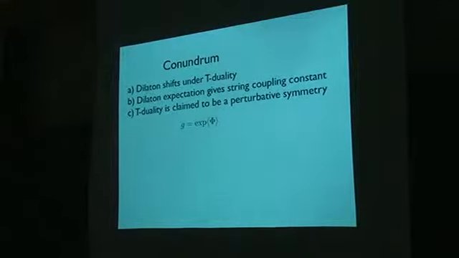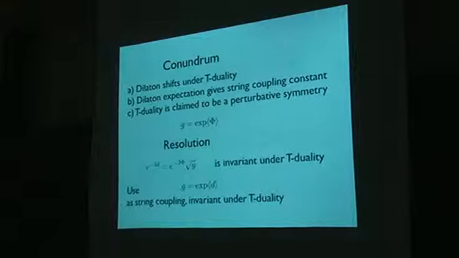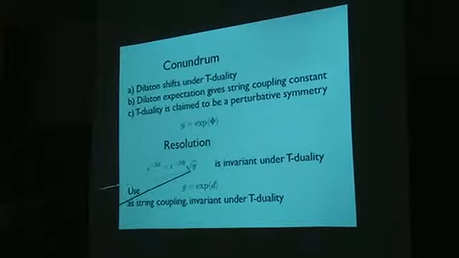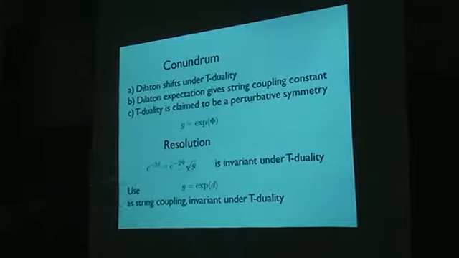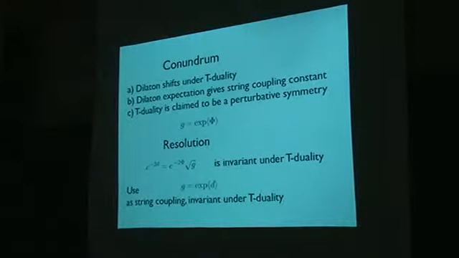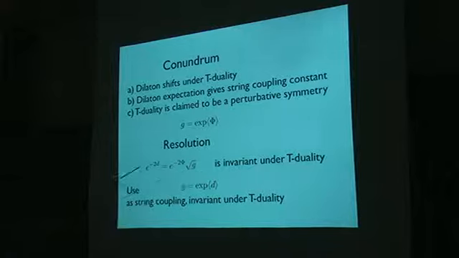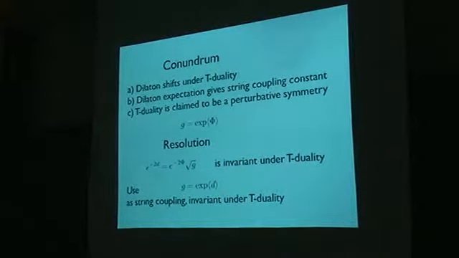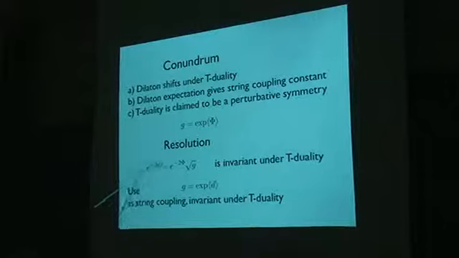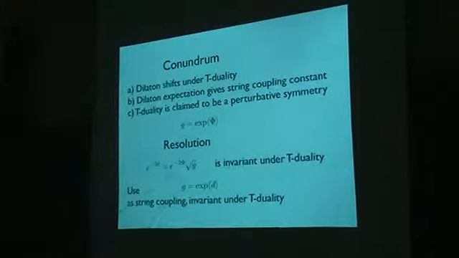On the other hand, it's meant to be a symmetry order by order in string perturbation theory. And there's a nice resolution of that, because it turns out that the combination e to the minus 2 phi times the square root of the modulus of the determinant of the metric is invariant under T-duality, and I'll call that e to the minus 2d. So this is not a scalar, this is a density, because of the square root of det g.